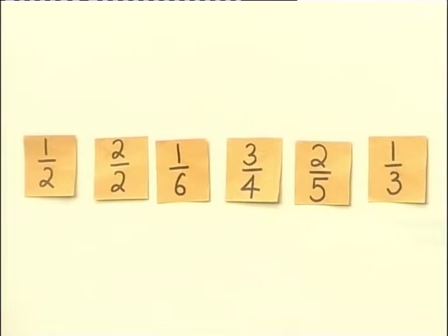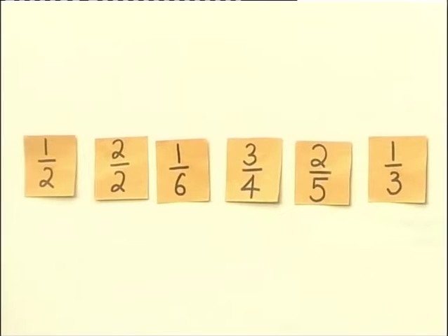Receiving students, I'd like you also to do that. Look at your fraction wall, and then go up to the board and write down the fractions from the smallest to the biggest. Can you do that now, please? Rearrange them in order, please. Look at your fraction wall.